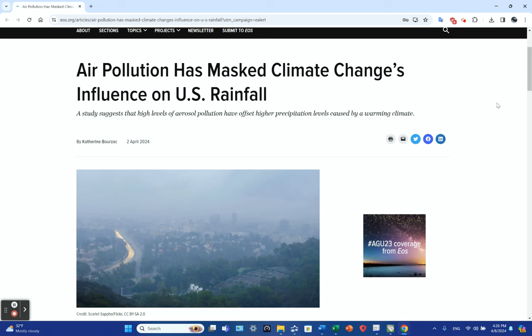Less aerosols, less hygroscopic particles, less water vapor coalescing to be heavy enough eventually to become precipitation. Granted, a warmer atmosphere holds more water moisture, but you need to be able to coalesce that. And that's the role of hygroscopic particles. So the thinking should be that less aerosols, less hygroscopic particles should lead to a decrease in precipitation.